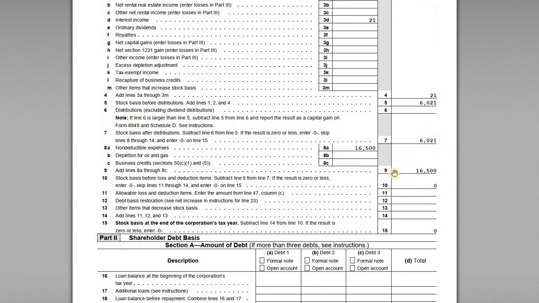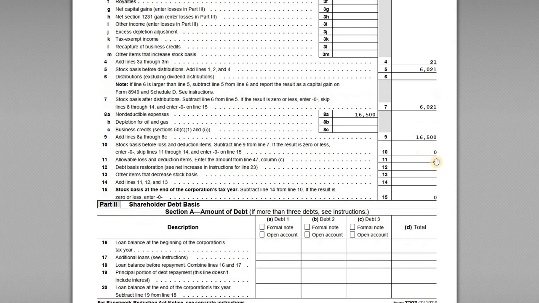So the basis of $6,021 is first reduced by her share of non-deductible expenses. So there's the $16,500. Now because that amount exceeds her basis, it is reduced to zero. So we see here on line 10, basis is reduced to zero. And then those extra non-deductible expenses, they just go away, right? They disappear. She doesn't have to carry those forward to the next tax year.